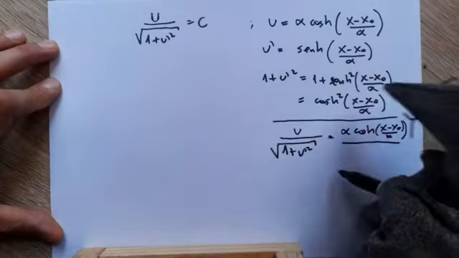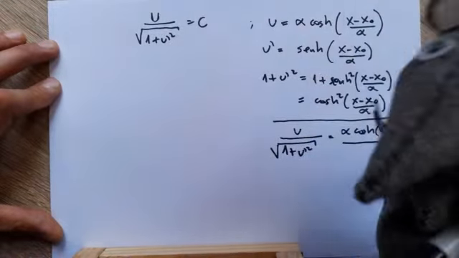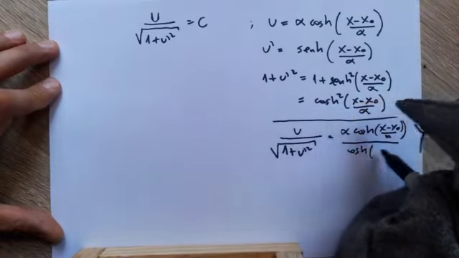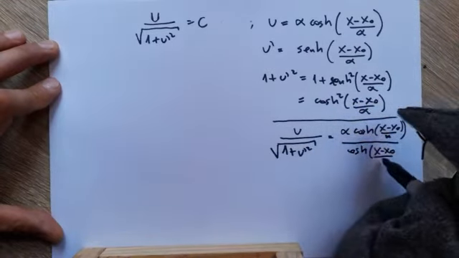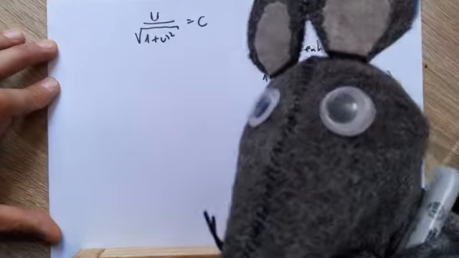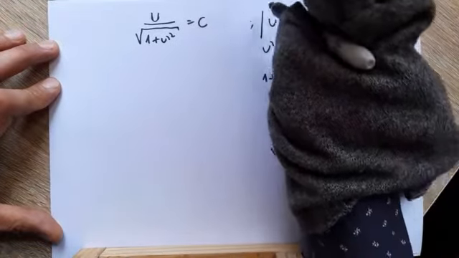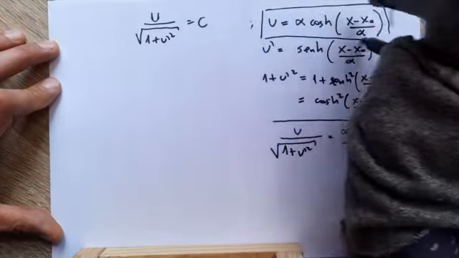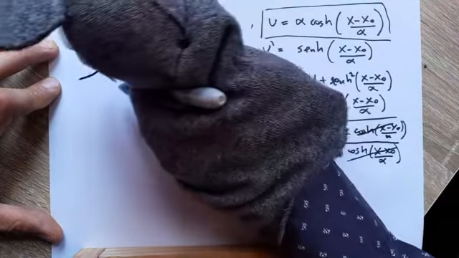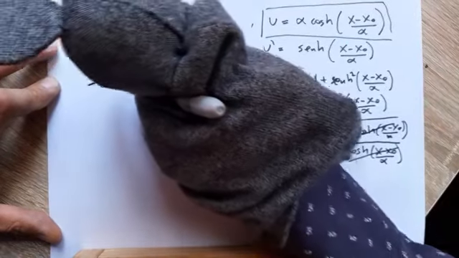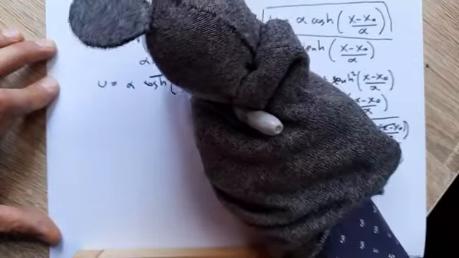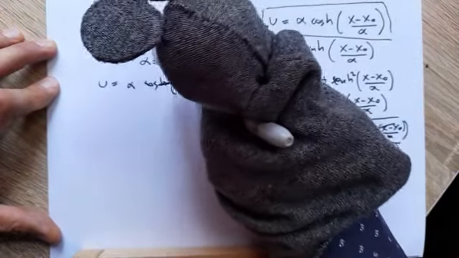This will be the modulus of hyperbolic cosine, but it is always positive, so it's just hyperbolic cosine, and this will cancel. So this is actually a solution if alpha equals c. The solution is u equals alpha hyperbolic cosine of (x minus x0) over alpha.